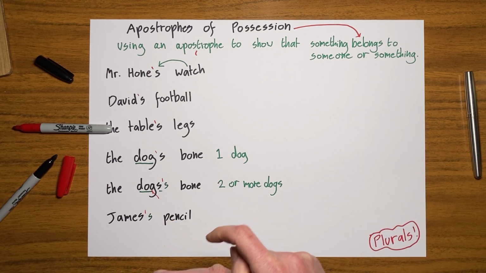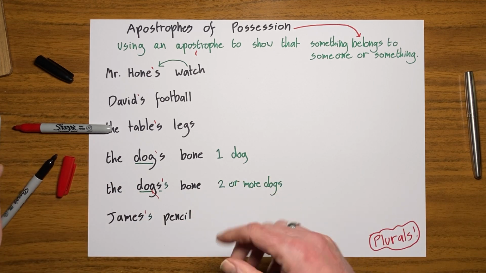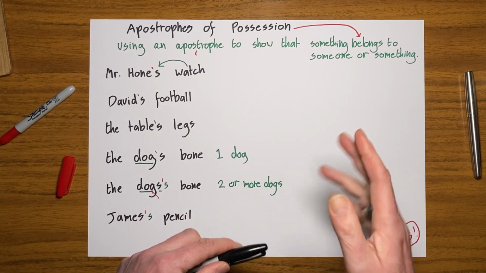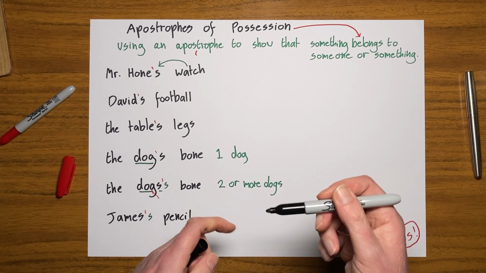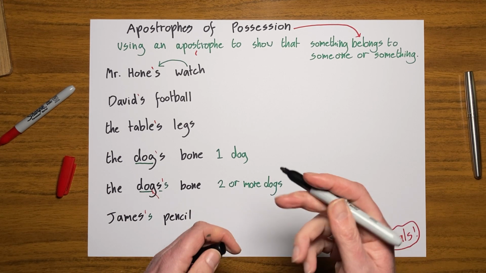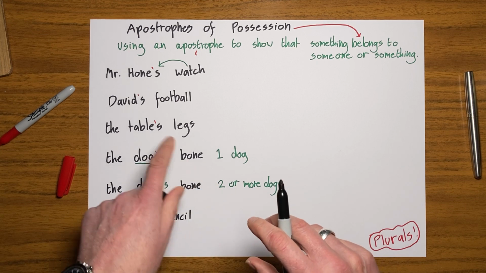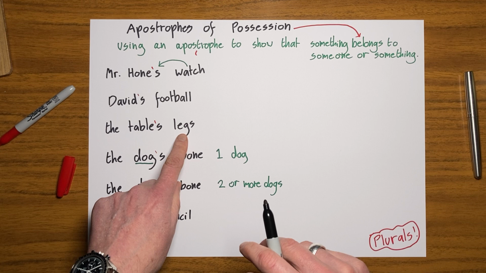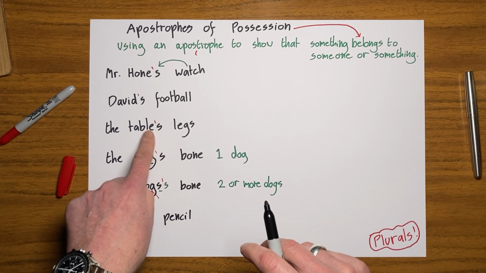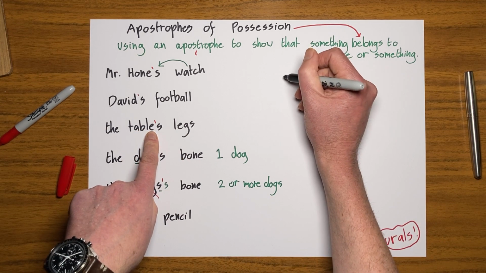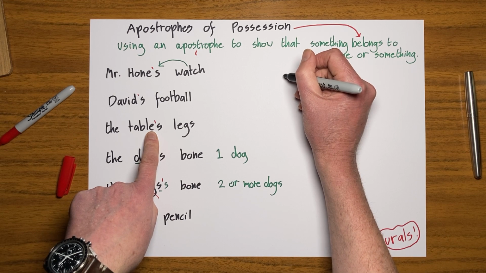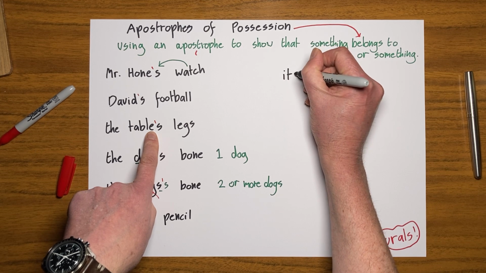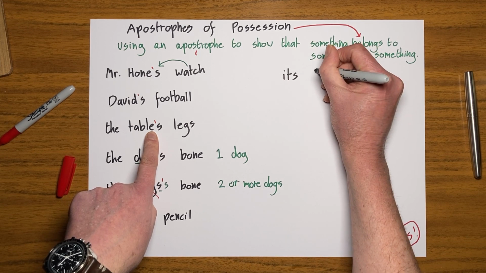And the final thing I need to explain on this before we're done, and do go back and have a look at this again if there's any part of it that's confused you, is its. So let's have a look at its. I need to think of an object. So well, we'll go back to this one. So the table's legs. Now, if I'm going to replace table with a pronoun it, it's really, really important that we just say its legs.